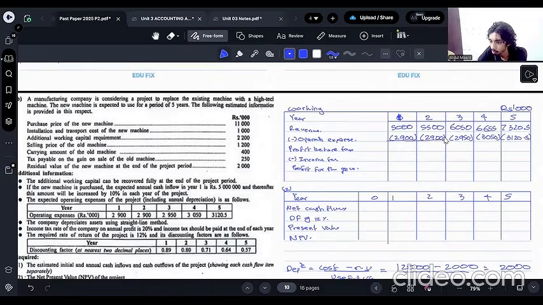Then you can get your profit before tax. 5,000 minus 2,900, that is profit before tax 2,100. 5,500 minus 2,900, 2,600. 6,050 minus 2,950, 3,100. 6,655 minus 3,050, 3,605. And for year 5, 7,320.5 minus 3,120.5, that will be 4,200.